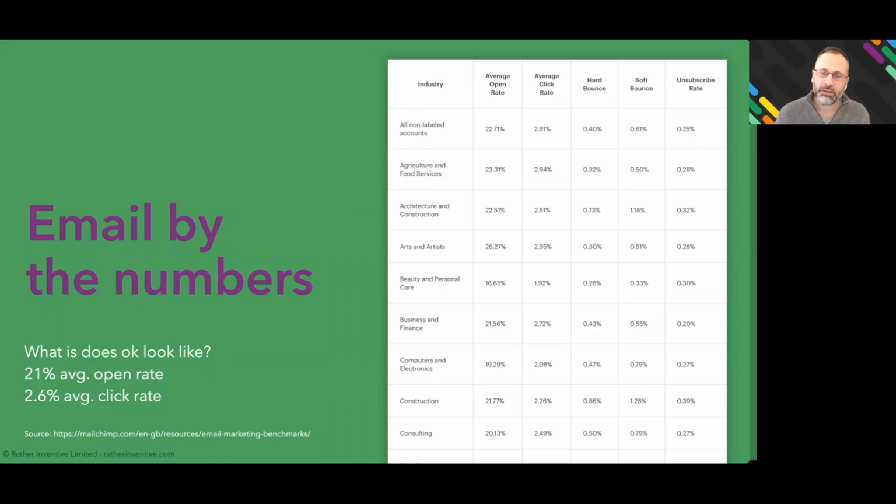If you sent your email to 100 people, then 2.6% are on average going to click on it. Obviously, what I've provided are just the averages, but you can see in the graphic that depending on the industry you're in, that's going to go up or down. It'd be interesting for you to look at your numbers and see how you compare. Now, remember, this is just MailChimp, which is a highly and widely used email sending app, but it is only their data that they can share.